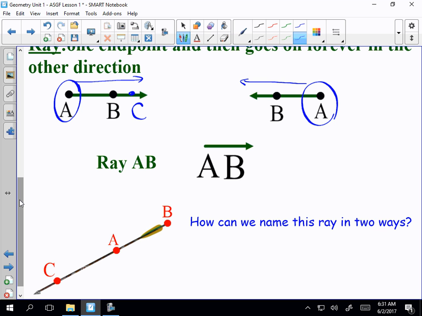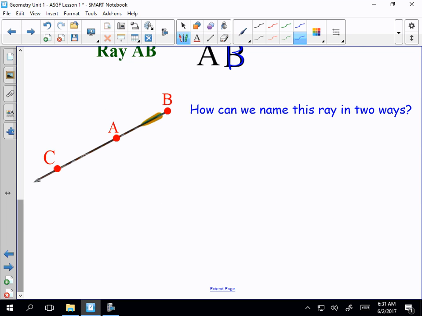But whenever we're naming the ray, just like a segment, we need the endpoint. The endpoint has to be listed first, and then the ray goes in the direction of another point that's somewhere on that line.